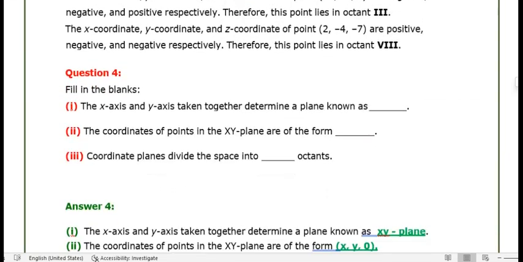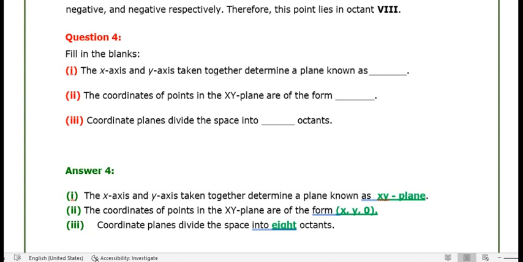Now I am going to the next one, question number 4. This is also very easy to answer. The x and y axes taken together determine which plane? The answer is very easy, the xy plane, of course. Then the coordinates of a point in the xy plane are of the form: if it is the xy plane, then the z coordinate will be 0.